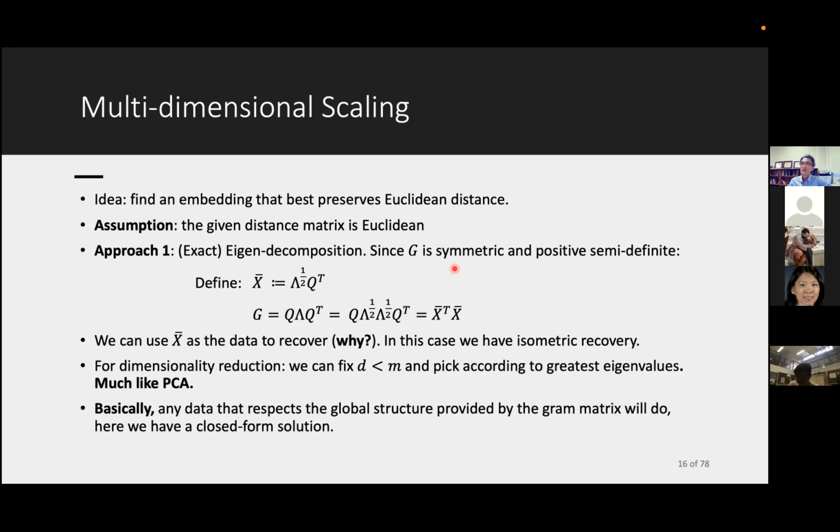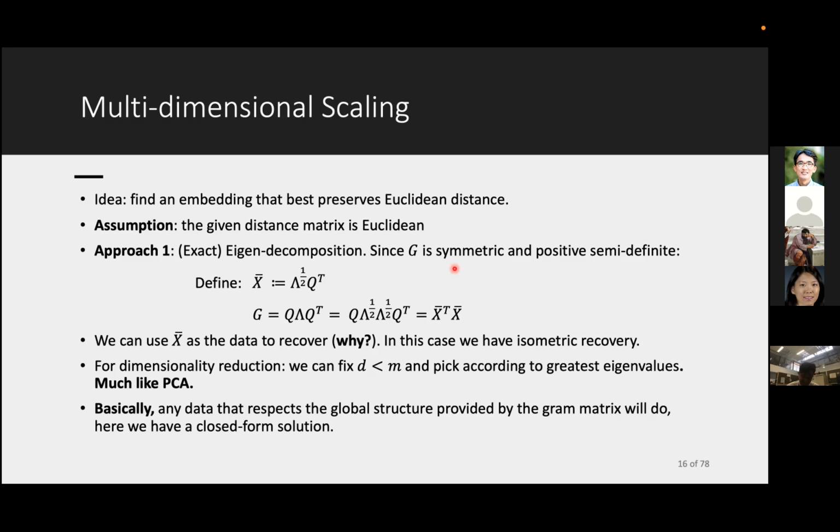If I take an inner product of a point with itself, that is the length, and the inner product between two points is essentially the cosine, how far apart they are. So once we have those, we have the entire set of pairwise distances. Because we found one representation of X, this decomposition, whose inner product is exactly the same as the gram matrix, we have everything.